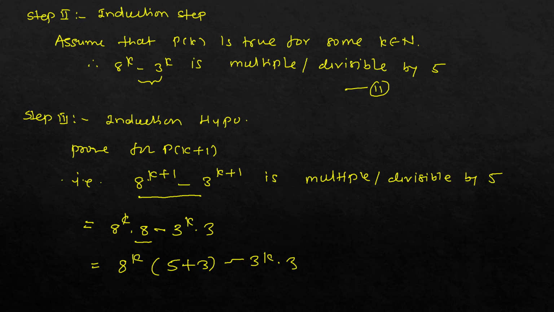Now multiply by 8. So we get 5 into 8 raised to k plus 3 into 8 raised to k minus 3 raised to k into 3.